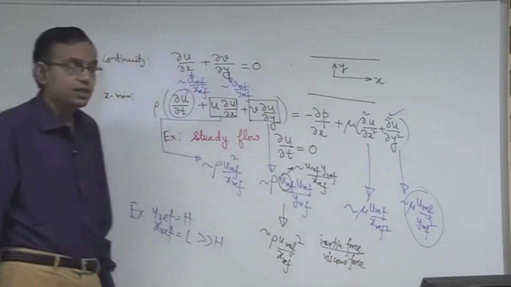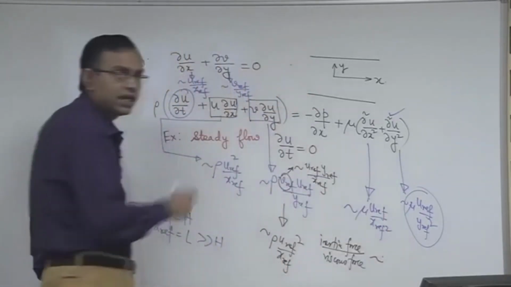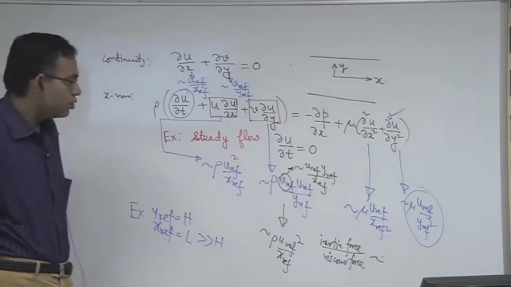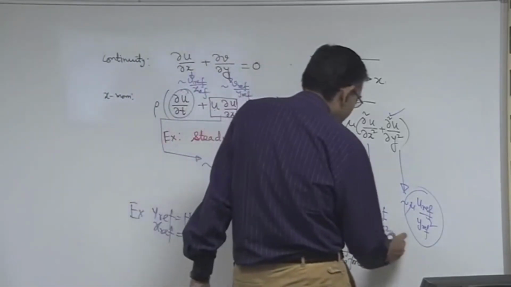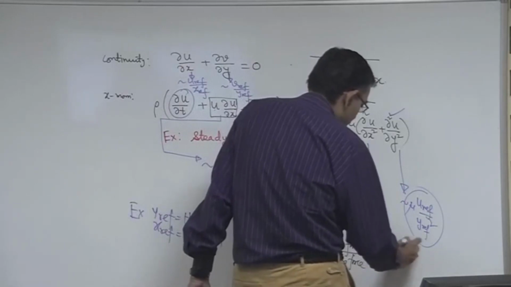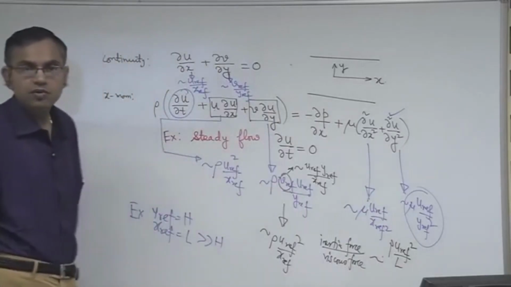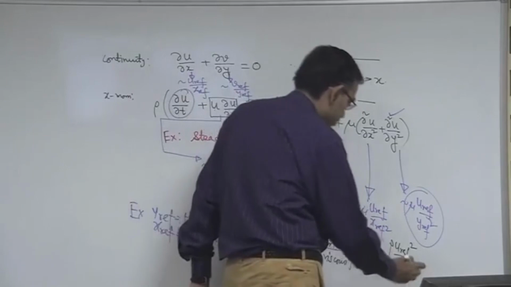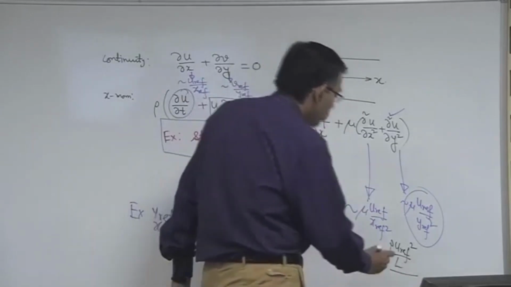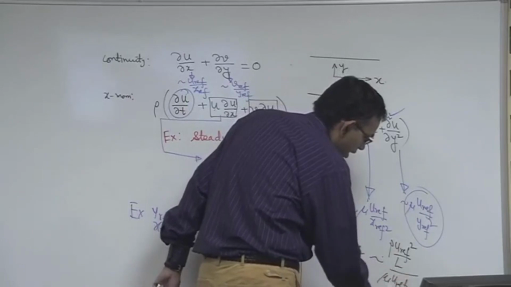What is the inertia force? The left hand side is the inertia force. So, inertia force is of the order of rho u reference square by L. Now, we have taken an example with x reference equal to L, and the viscous force is mu u reference by h square.